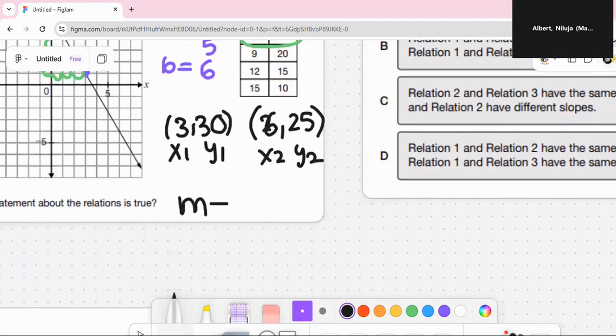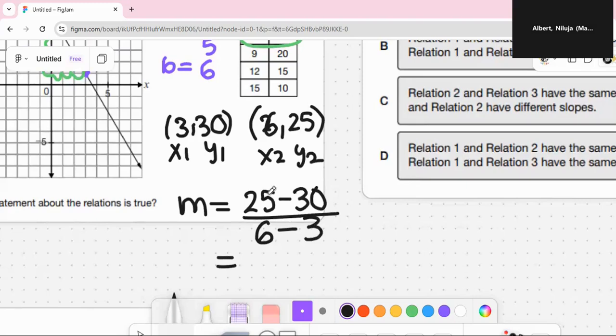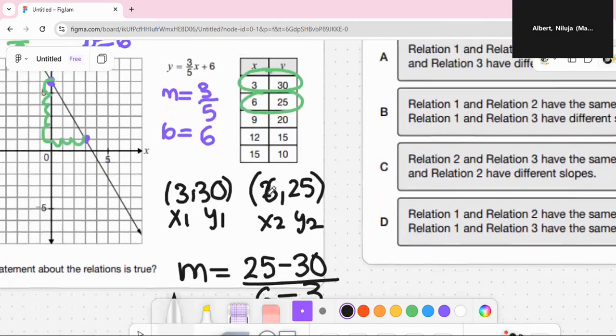So m is equal to y2 minus y1 over x2 minus x1. And that gives me a slope of negative 5 over 3, which is the same as relationship 1.